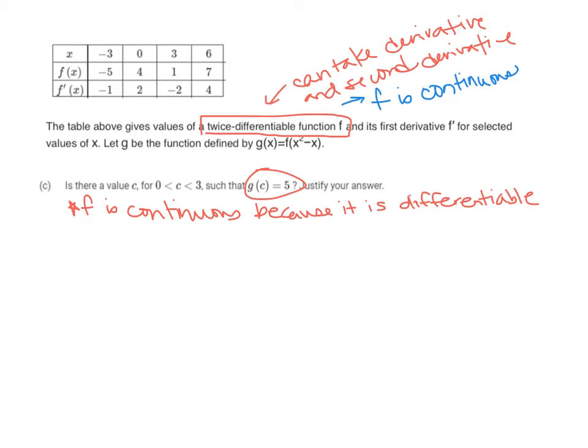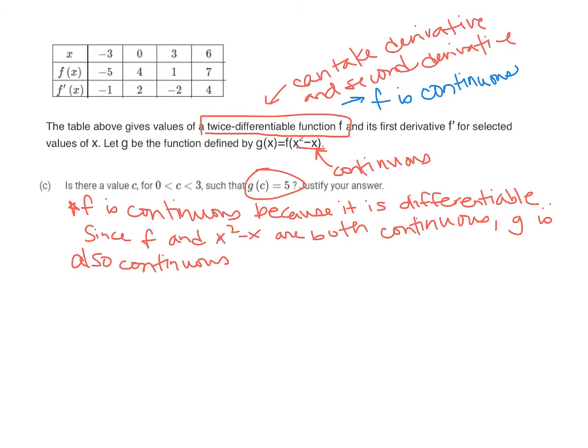However, because we know that f is continuous, and because we know also that x squared minus x is continuous, g must also be continuous because it's a composition of two continuous functions.